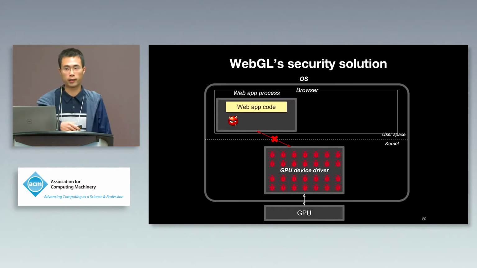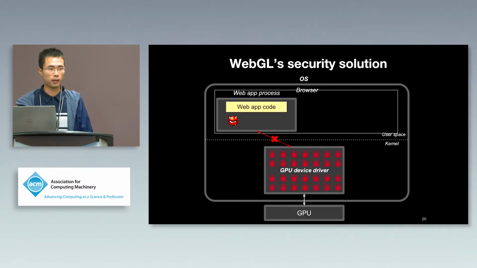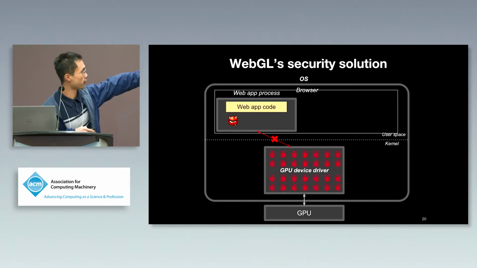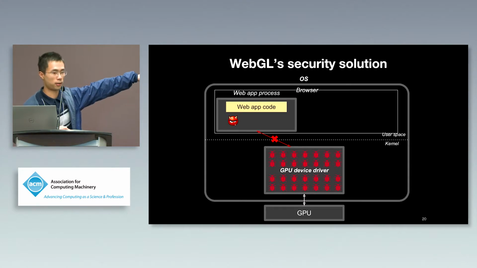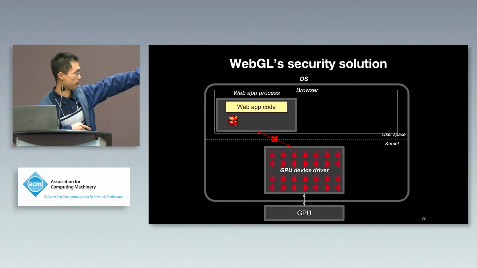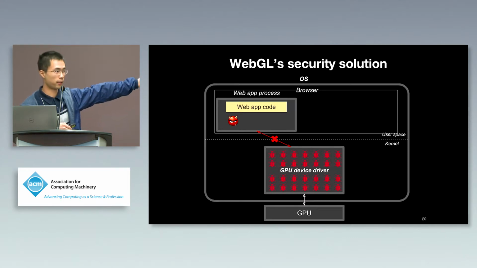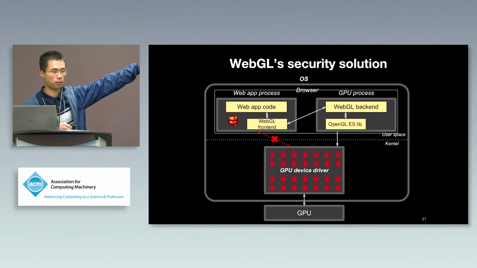Browsers did a lot of work and invested a lot of time in mitigating the problems. Here is the first thing they did, which they call the direct link. Now the web app process does not have direct access to the GPU device driver. Instead, there is a proxy called the GPU process running in the backend.